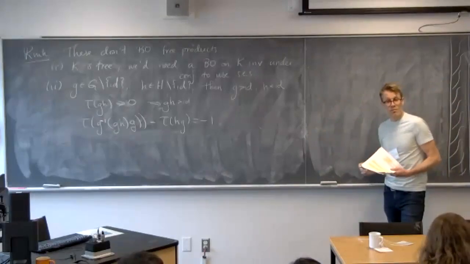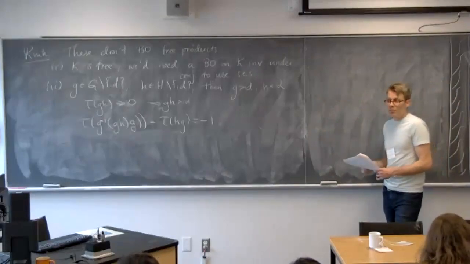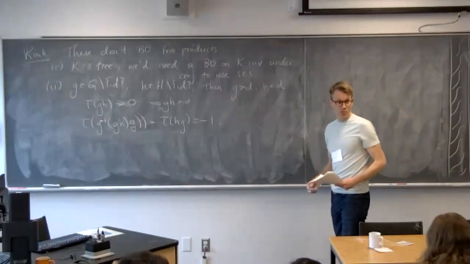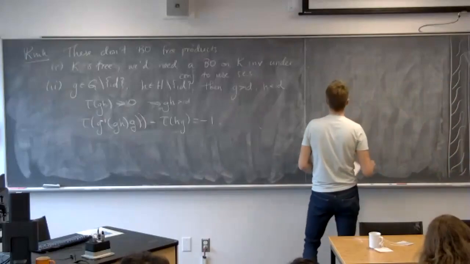We're going to do the same thing, but we have to do it a little bit more sophisticatedly in order to embed an arbitrary free product of bi-orderable groups into something.